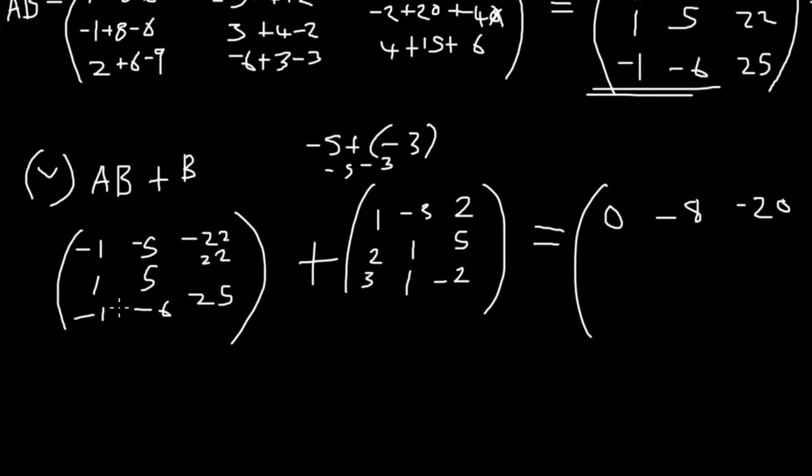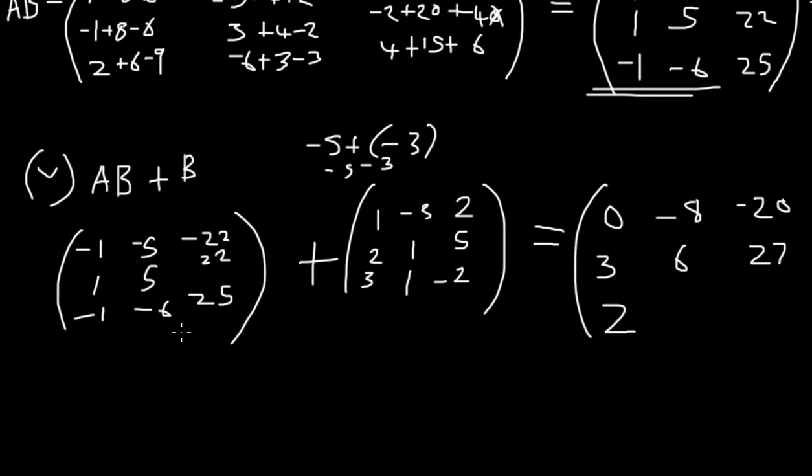And then you have 1 plus 2, you get your 3. Then 5 plus 1, you get your 6. Then 22 plus 5, you get your 27 there. And then negative 1 plus 3, you get your 2.